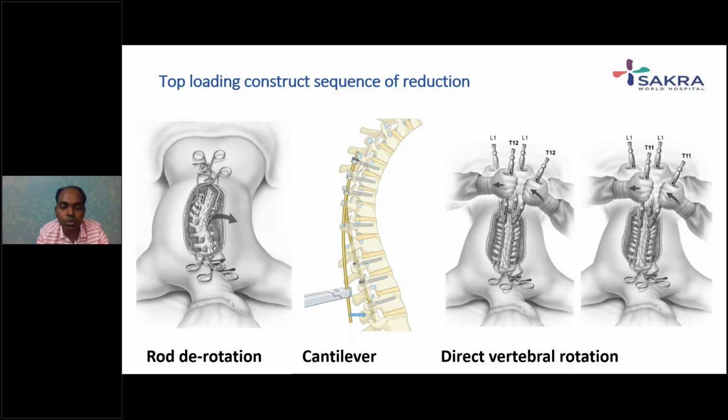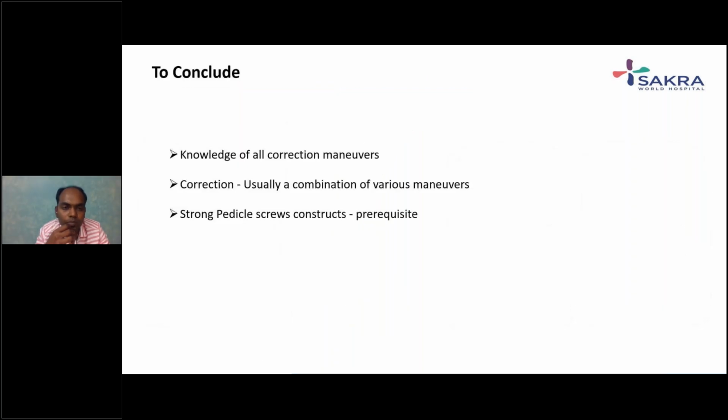The finer corrections are usually done by doing multiple rotations, where I use the special derotators in the form of a triangulation technique, which I already described, and then achieve a finer direct vertebral derotation, and then I decorticate, and then further I do bone grafting.